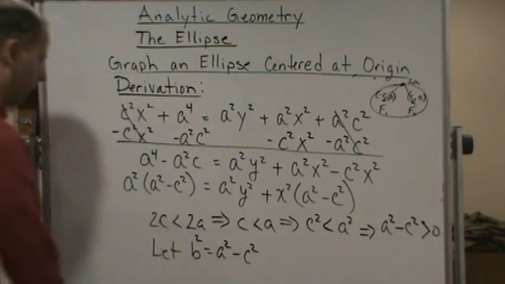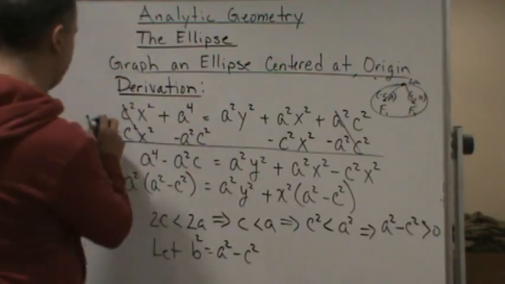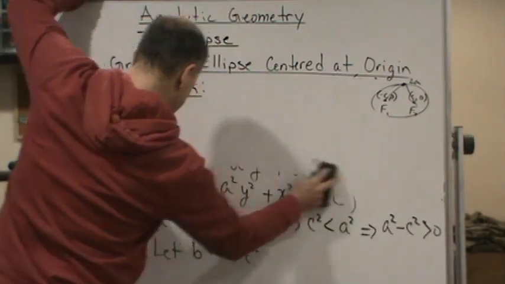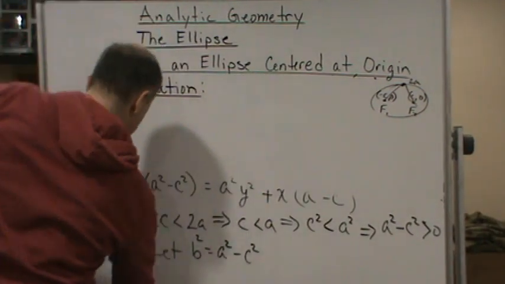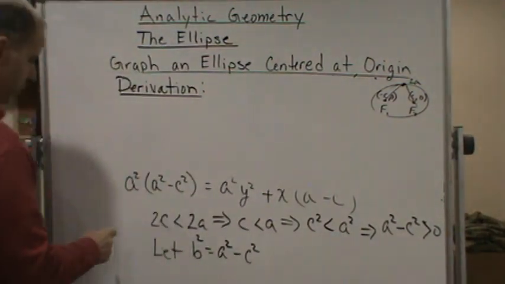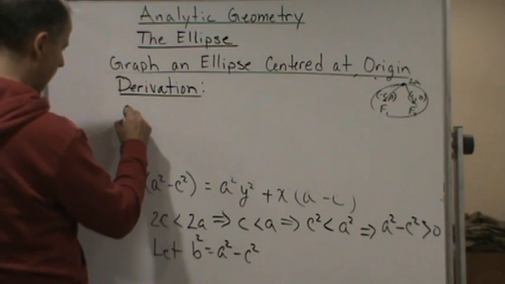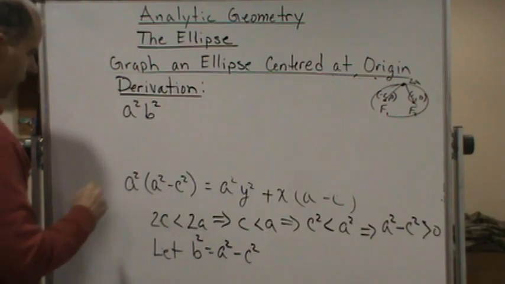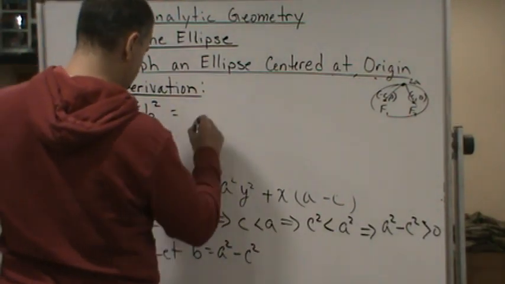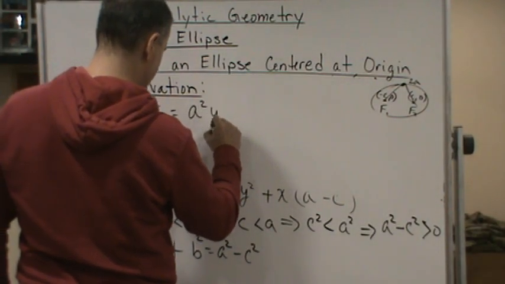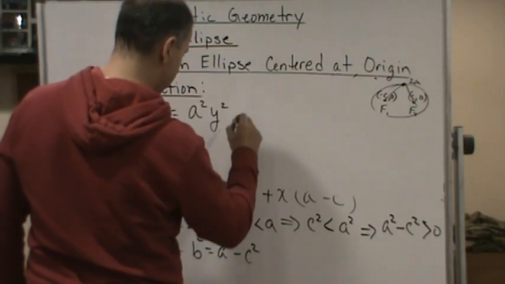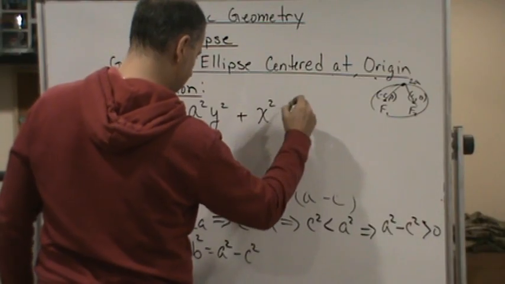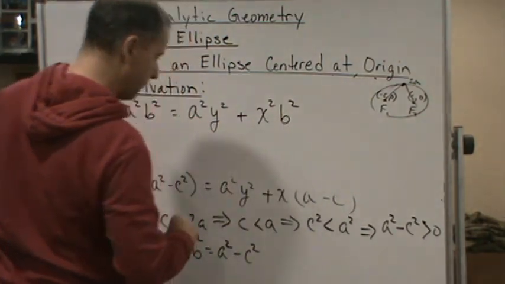Okay, so now how does that help us? Well, let's substitute in there. So now this becomes a squared times b squared is equal to a squared times y squared plus x squared times b squared.